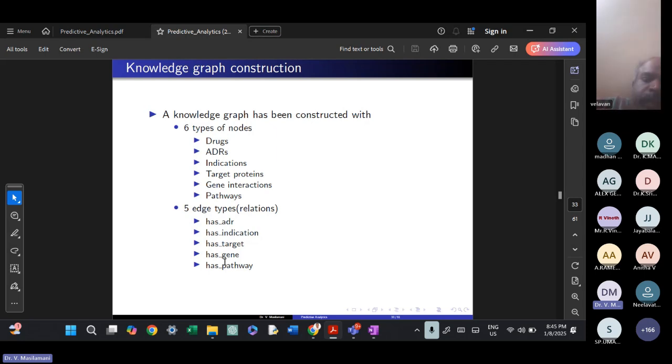And has gene: if the drug is associated with the gene, then there will be a link, otherwise not. Has pathway: if the drug is going through a particular pathway, then there's an edge between the drug and the pathway node.